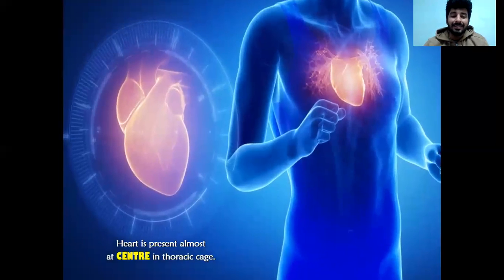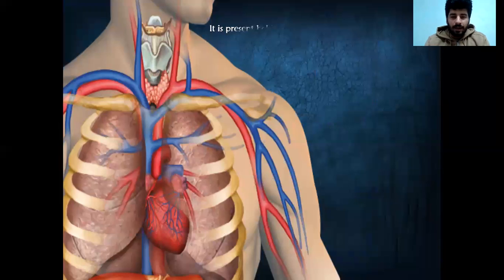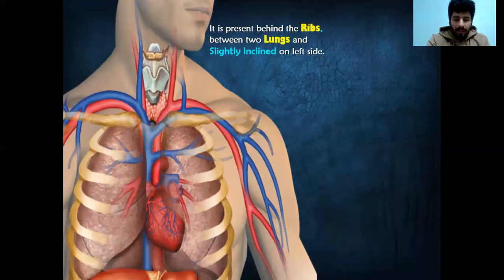The thoracic cage, my kids, is the rib cage. If you look at this diagram correctly, you will see that the lungs are present. Near the center, you find the heart. So basically, it is close to the center, but it is slightly tilted towards the left.